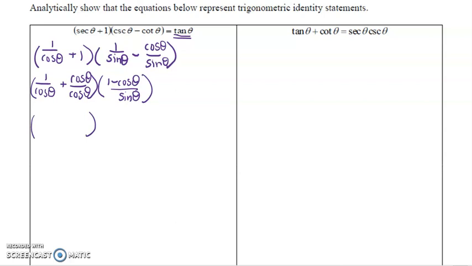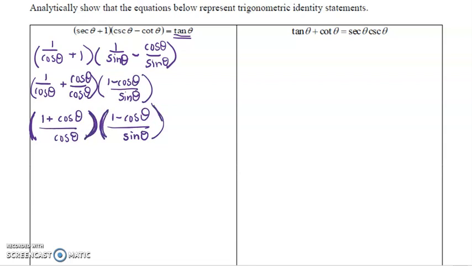Now that the denominators are the same, I'll add the tops but keep the bottom. Let's see where we can go from here. Both of these fractions are as simplified as we can go, but notice they are being multiplied together. We have this first fraction times this second fraction.